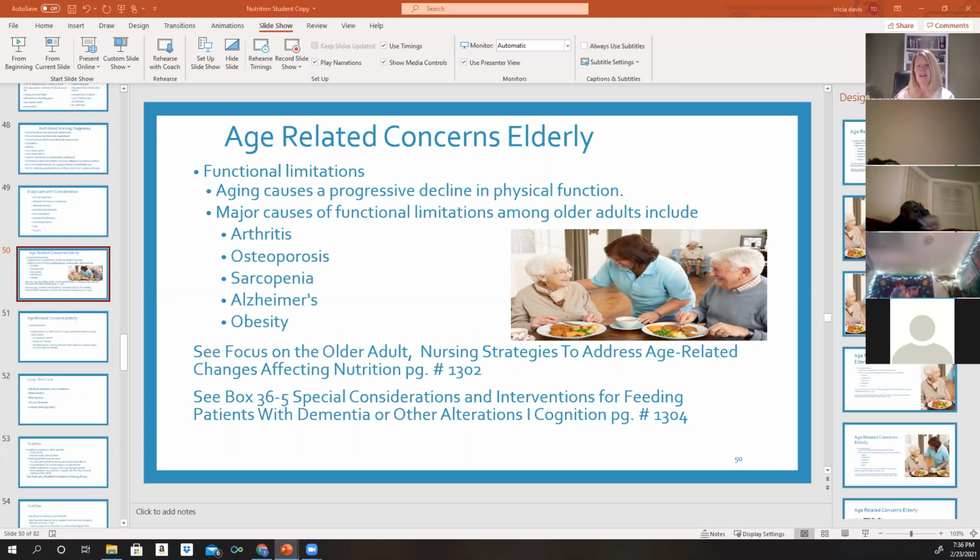If it's in their hands, they have a hard time with their dexterity, being able to do things. So maybe they're going to have a hard time feeding themselves. Maybe they're just even going to have a hard time preparing their food. Osteoporosis, sarcopenia, which is loss of muscle mass related to aging. And then we have Alzheimer's, and then obesity.